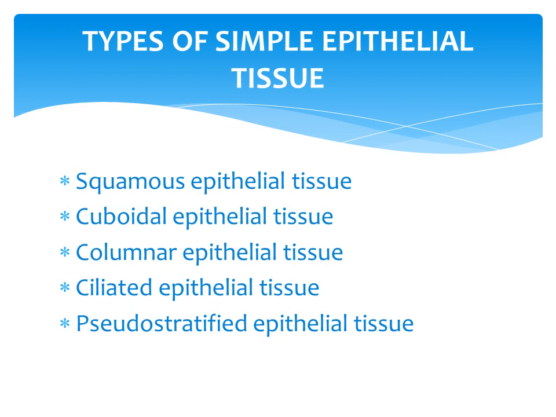Types of simple epithelial tissue. We have classified the simple epithelial tissue into 5 types: squamous epithelial tissue, cuboidal epithelial tissue, columnar epithelial tissue, ciliated epithelial tissue, as well as pseudo-stratified epithelial tissue.